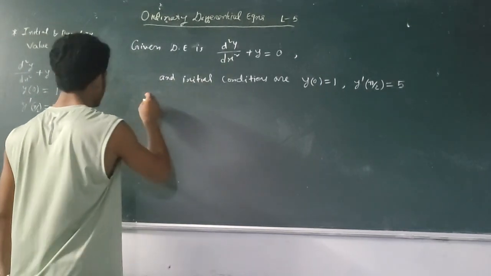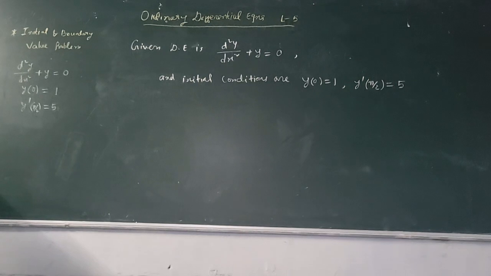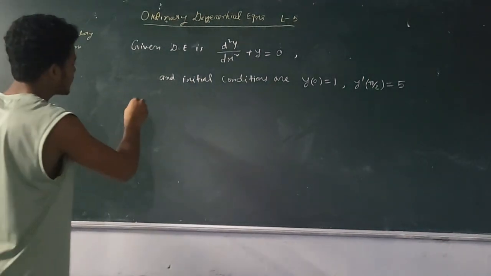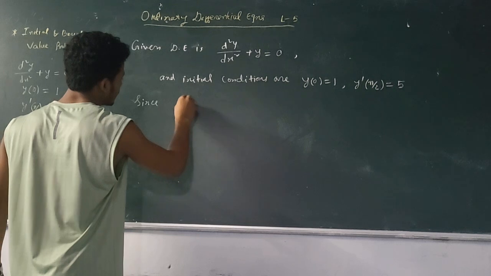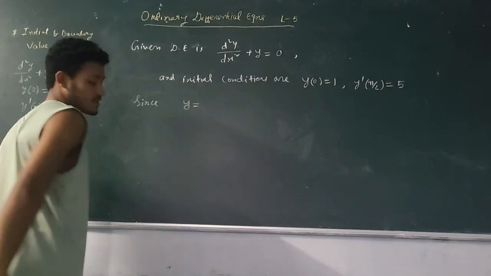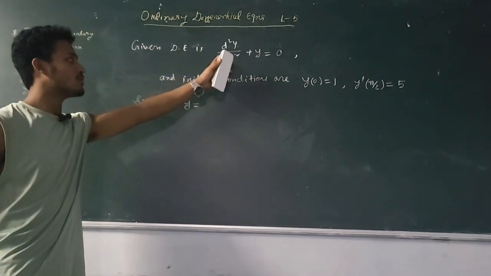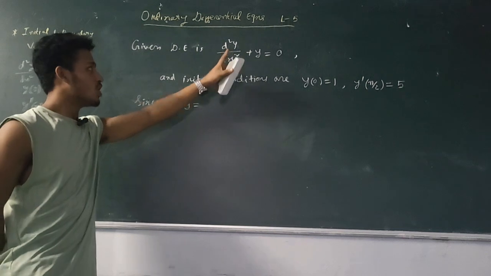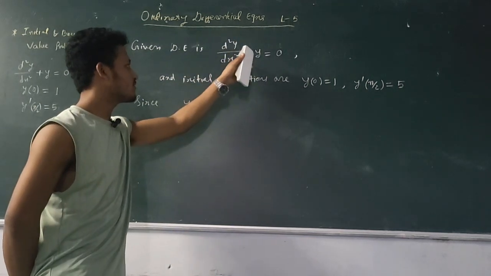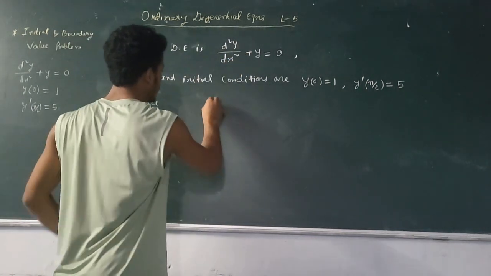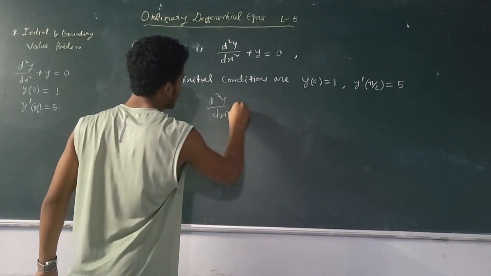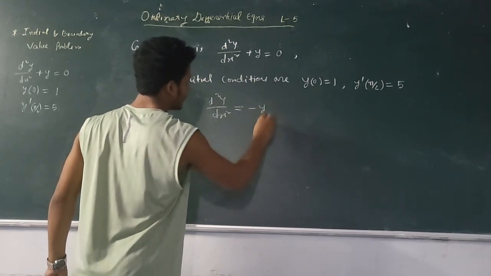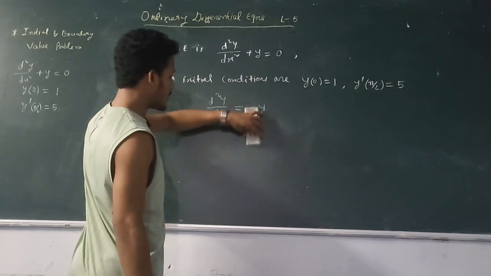The solution will be, since y is equal to, think about what will be the function whose second derivative, this means d square y by dx square is equal to minus y.